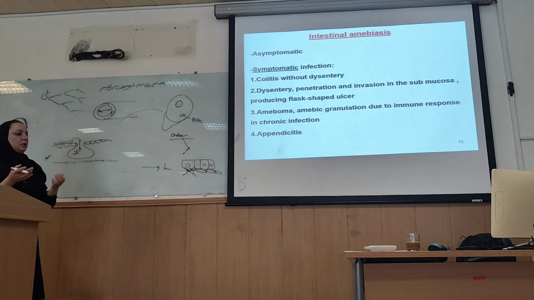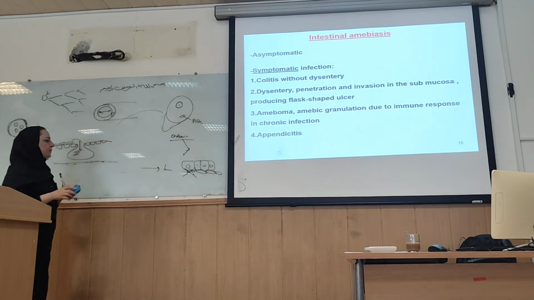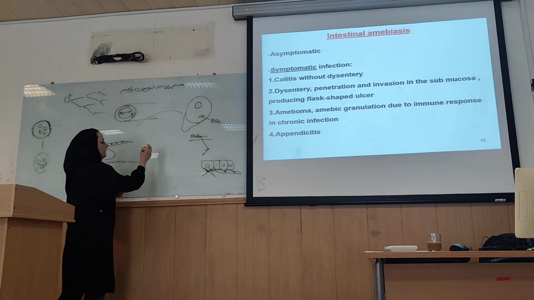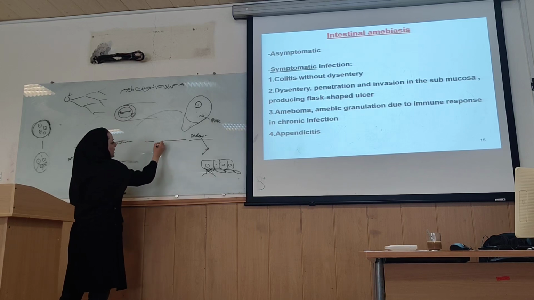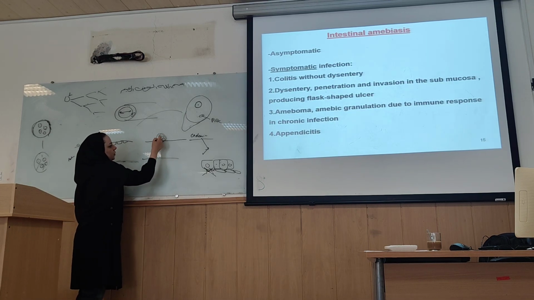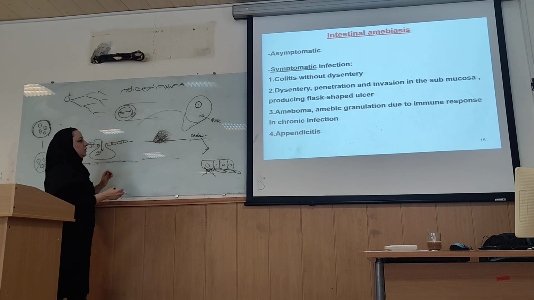We can see RBC in the dysentery or stool of the patient. But sometimes, gradually, in the lumen, they multiply and produce some granulation because of the inflammation.